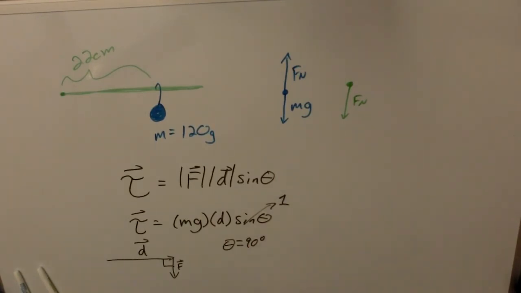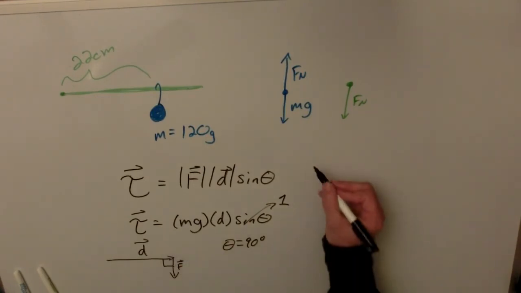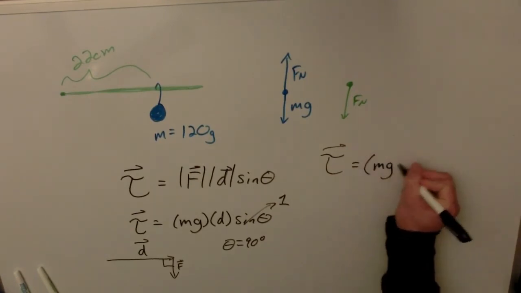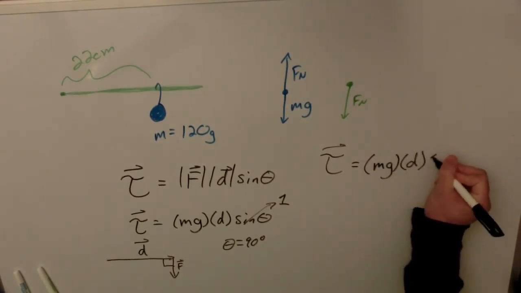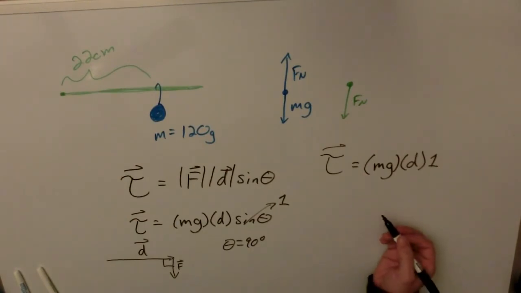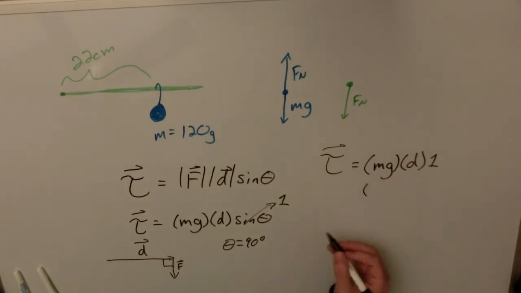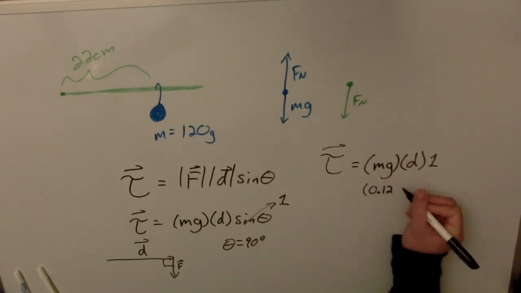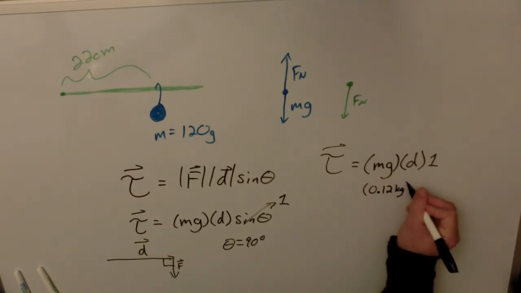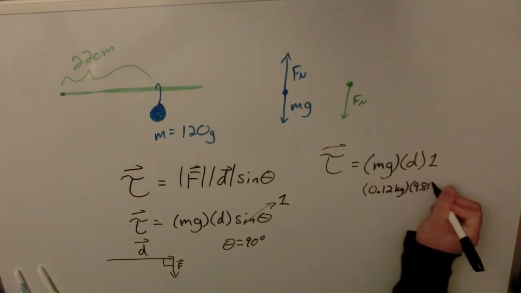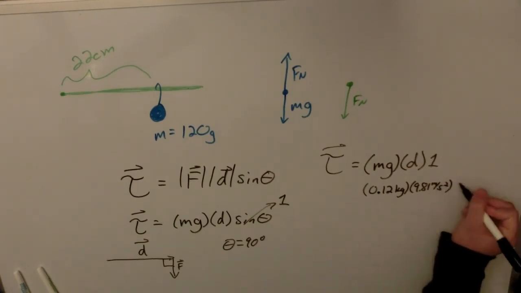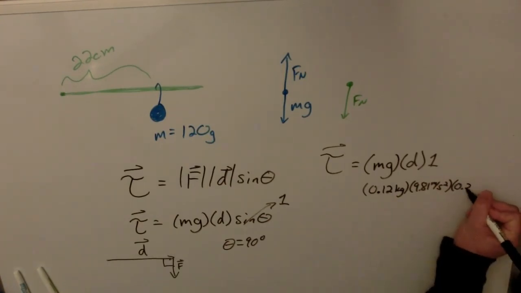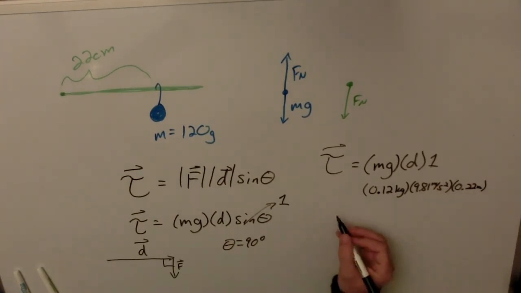Okay, so at this point, all we need to do to find our torque, we know that it's mg times d, because our sine of the angle just went to 1. So filling that in, now I need the mass, which is 120 grams, but I want this in SI, so I'm going to do 0.12 kilograms times 9.81 meters per second squared times my distance, again, in SI, is 0.22 meters.